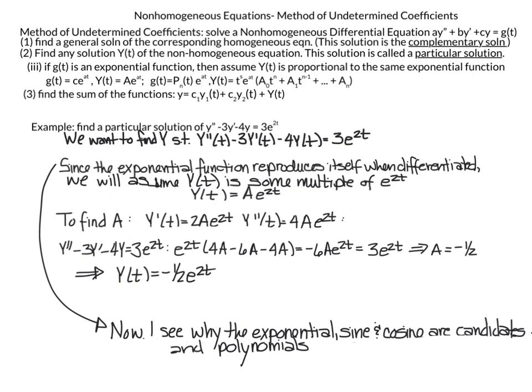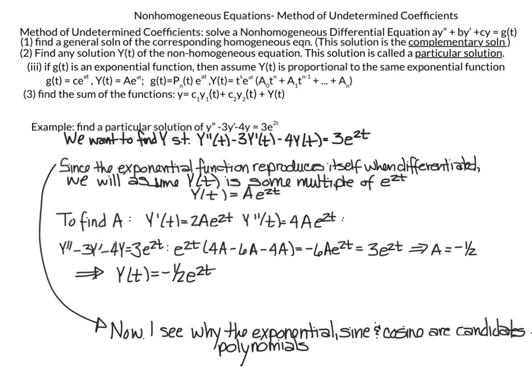And here you can see why this method works best for sines, cosines, polynomials, and exponents. One, exponents are closely related to sines and cosines, as we saw with Euler's formula in one of our previous videos.